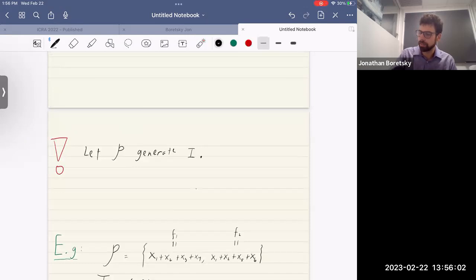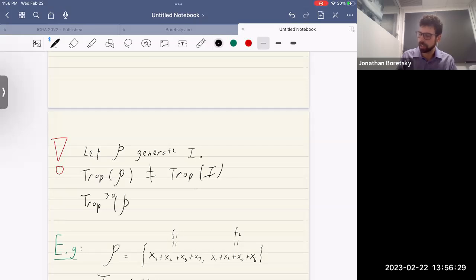The first thing is that if P generates an ideal I, then unlike for regular polynomials, it is not true that the tropicalization of P, the tropical variety of P, is equal to the tropical variety of I. These are in general very, very different in the sense that one can be much larger than the other. And that follows through for the non-negative tropicalization as well.